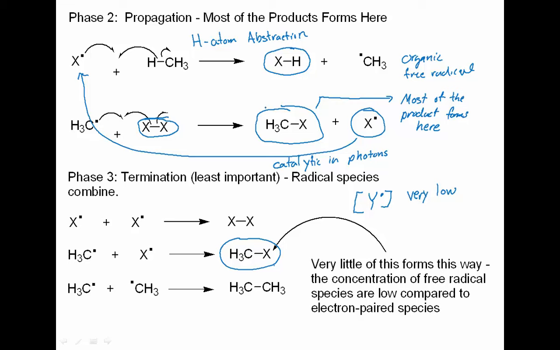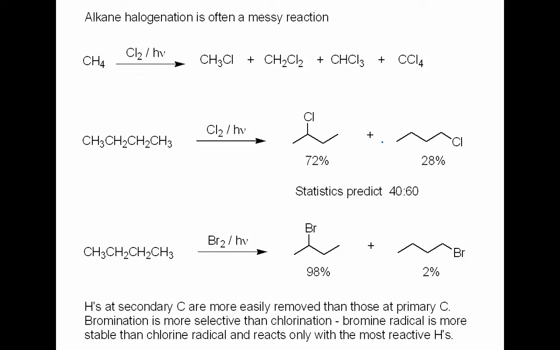So the most likely collision is a radical with a molecule that's not a radical. For this reason, we have to regard the propagation step as being the more important step than the termination step. We do not form very much of the product in the termination step. For lack of a better way to put it, the termination step is overrated as far as its importance in the reaction process goes. Okay, let's look at higher alkanes.